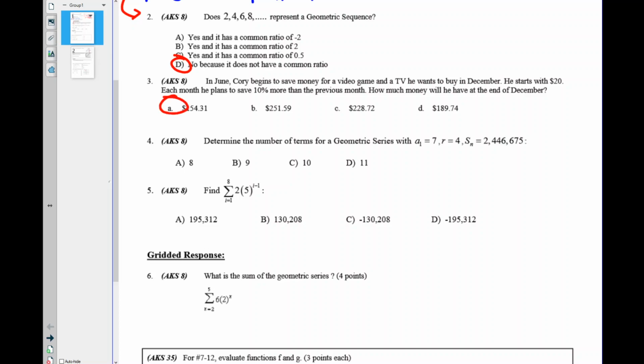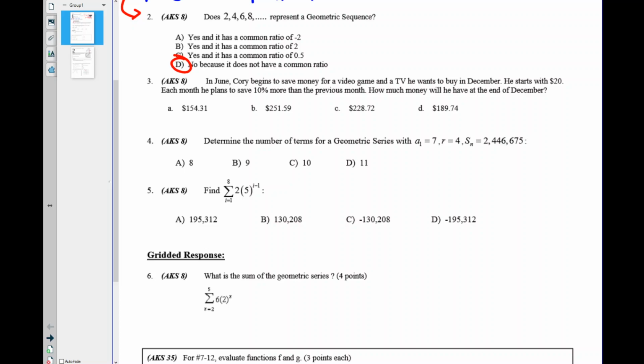Funny thing is, as bad as it was, only 39% of you correctly put D. Even less people put A than put D, which indicates you just got it wrong. You didn't get it wrong because you were tricked. You just got it wrong. If it would have been the trick that got people, there would have been an overwhelming amount of people that put A. But that's not the case. Less people put A even than put D.